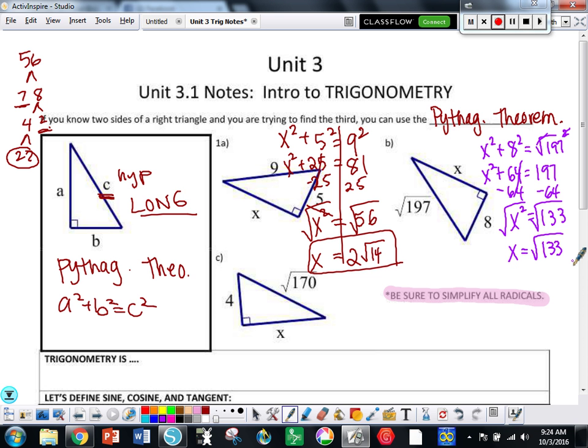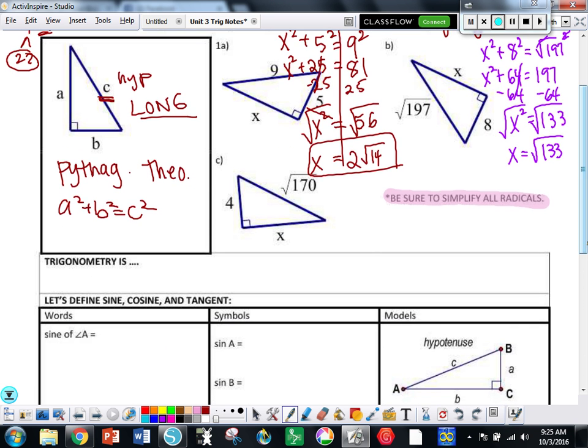Hey, part C. How do I work this one out?